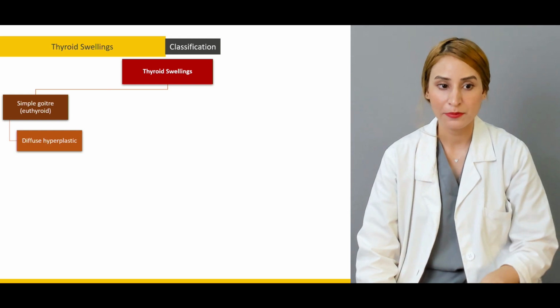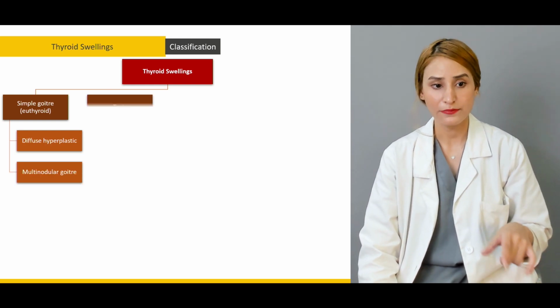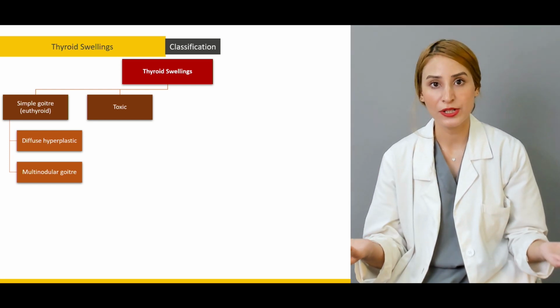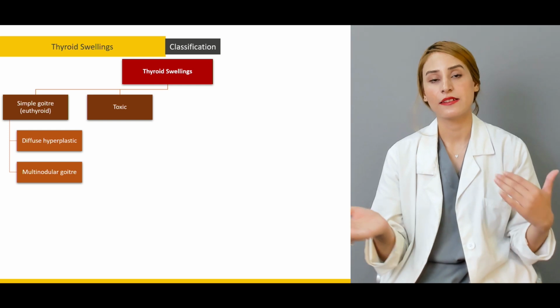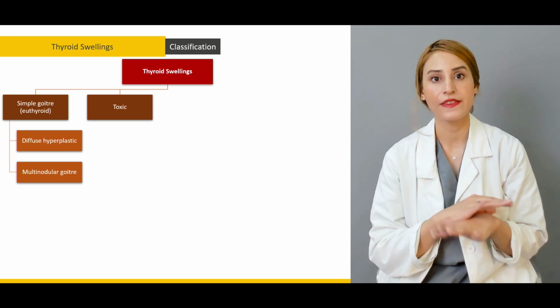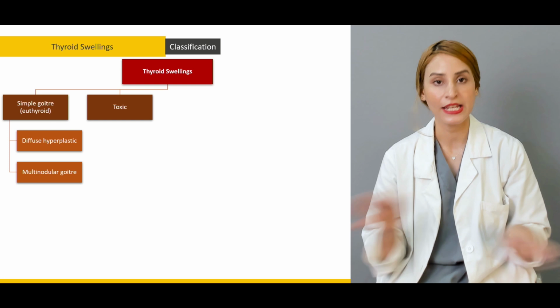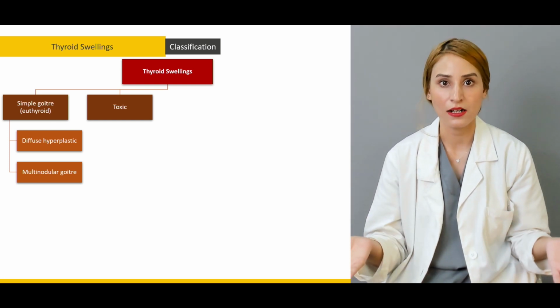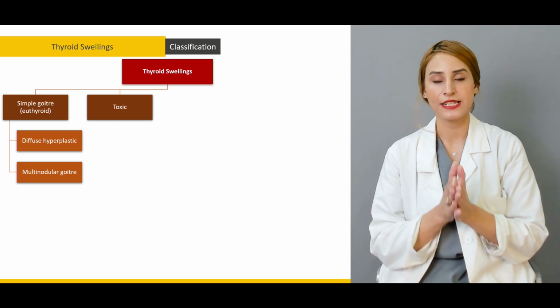Thyroid swelling can be a simple goiter, which can be euthyroid. What is a euthyroid state? That means that T3, T4, and TSH levels are normal. They're not hyperfunctioning, they're not hypofunctioning. This condition is called a euthyroid state.